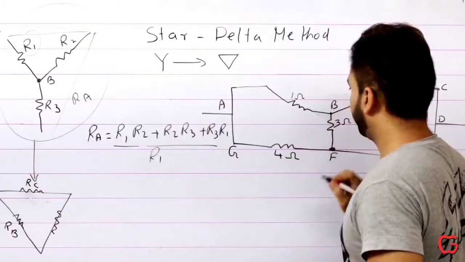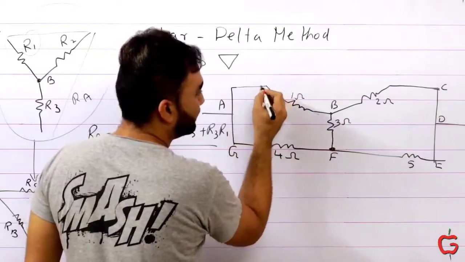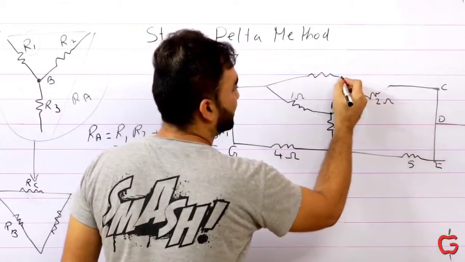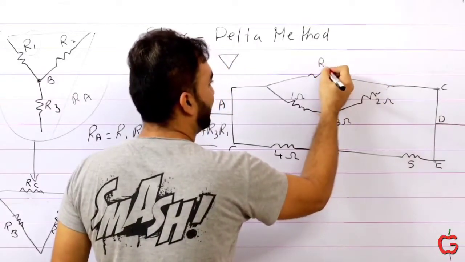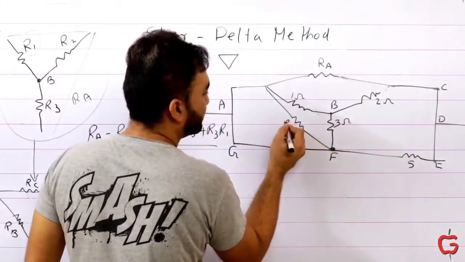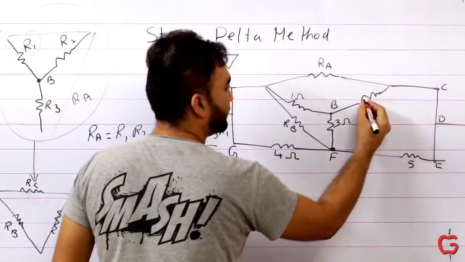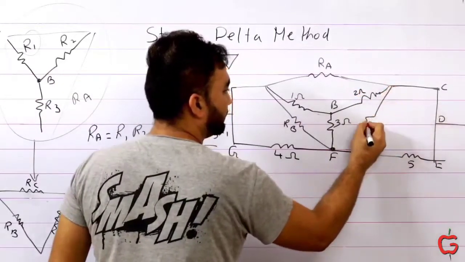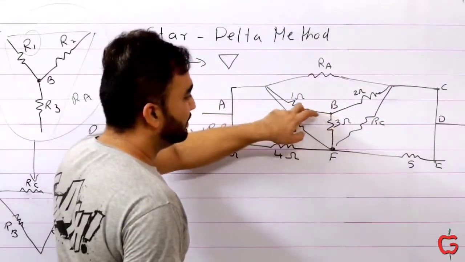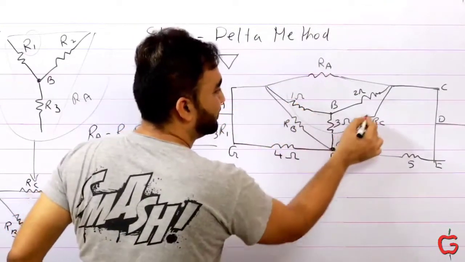This is our junction B. Now instead of this junction, we are going to convert this into some resistance. Let's call this RA, RB, RC. Once we convert this junction into the triangle, into the delta, we can rub this thing.